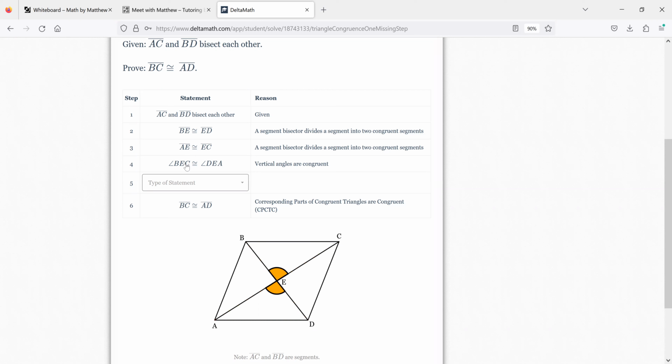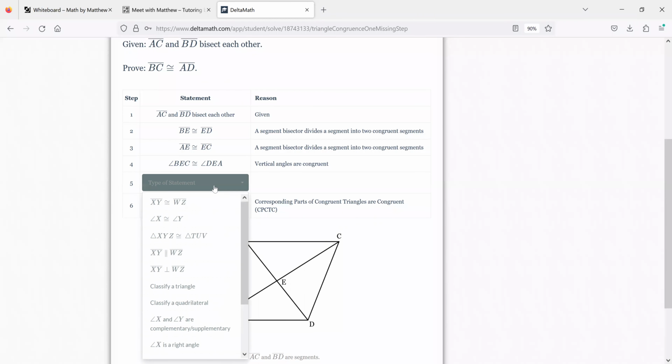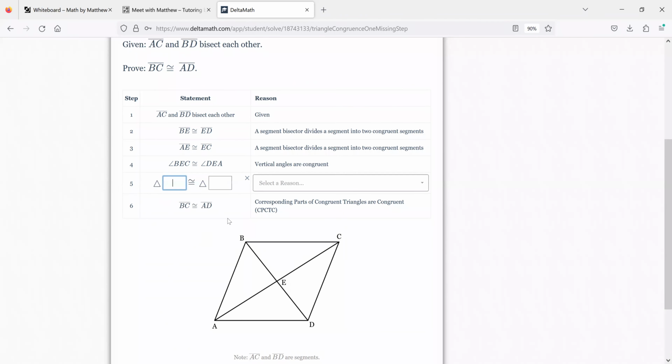And then now they're saying the angle between them is congruent. That's a vertical angle. So you have enough now. You have a side, an angle, and a side. So we have enough to prove congruence.